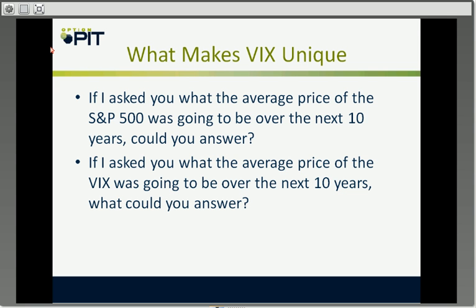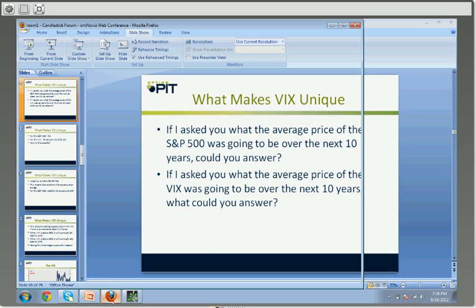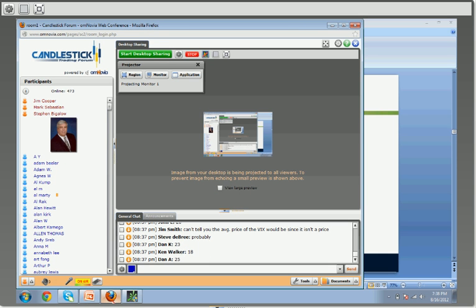Now, what about if I asked you what the average price of the VIX was going to be over the next 10 years? What do you think? You think I could give you an answer? Would I be asking this if I couldn't give you an answer? Give it a try.